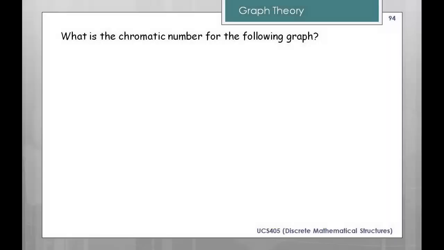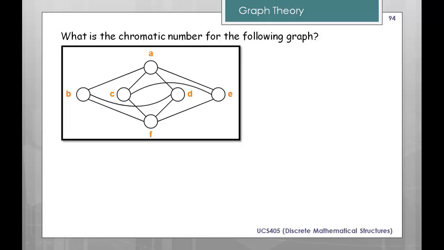Next example: what is the chromatic number for the following graph? So this is the graph we have to color. Node B is adjacent to which nodes? A, D and F. So for example, I give color number 1 to node B. If we assign the same color to an adjacent node, that is not possible, because we can't assign the same color to adjacent nodes.